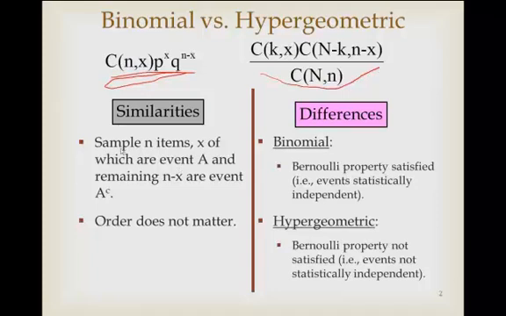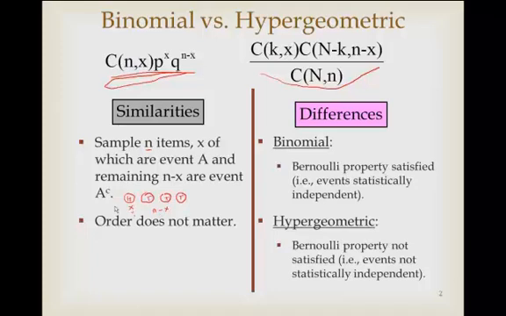So at any rate, the similarities are we're going to sample n items, and remember it's kind of the coin toss thing. So we're going to have n coin tosses, x of which are event A, call it heads, and the rest of which, that's x equal to 1, and there's our tails, which is n minus x.